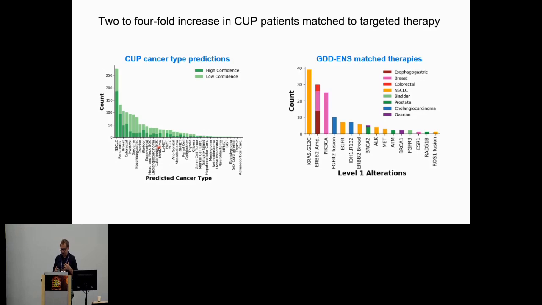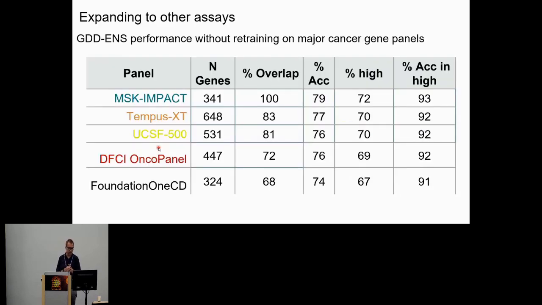One thing that the reviewers of our paper asked us to do was, since we can now use this in routine use, how useful is this classifier for the other gene panels? There are a number of other major gene panels, and these are listed here.